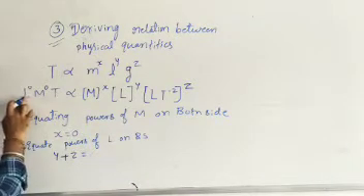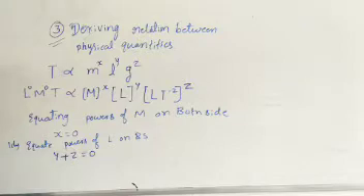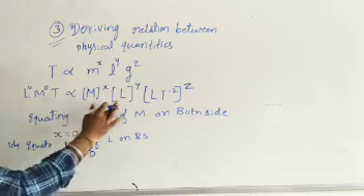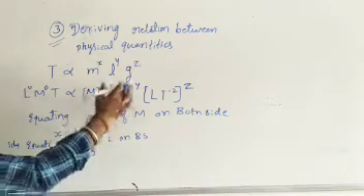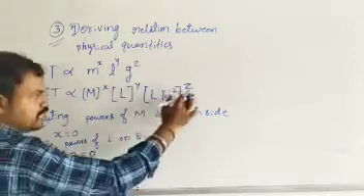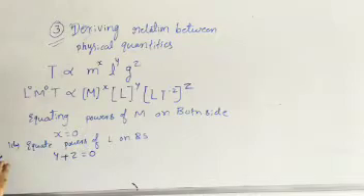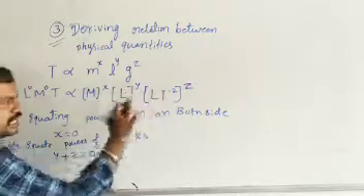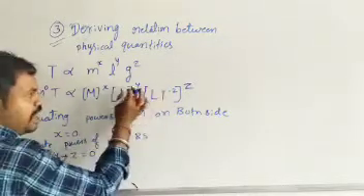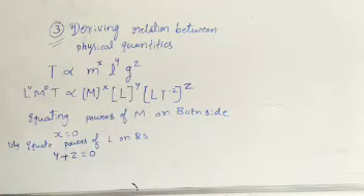The power of L is 0 here. So y plus z is equal to 0. We are equating the powers of L on both sides. On the RHS, L to the power y and L power z are there; in the LHS, L power 0. The bases are the same, so add the powers. y plus z is equal to 0.